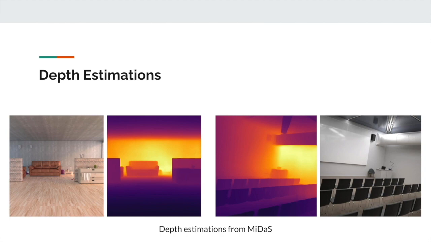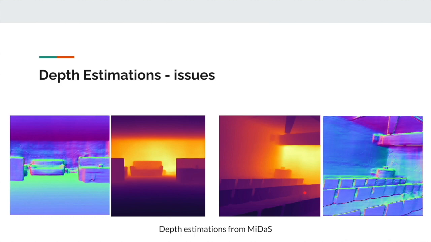Monocular depth estimation is a very important and challenging task. In recent years, data-driven approaches such as MiDaS have had great progress in producing depth maps from a single scene. However, these approaches are not perfect and they have their own issues.